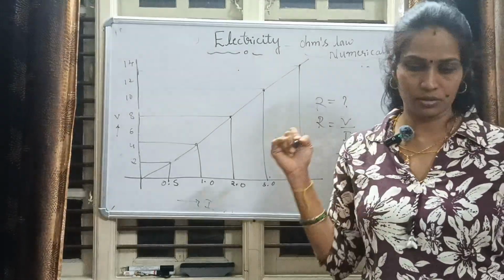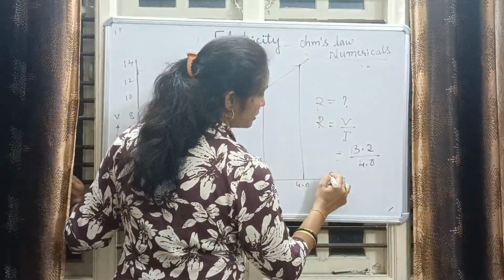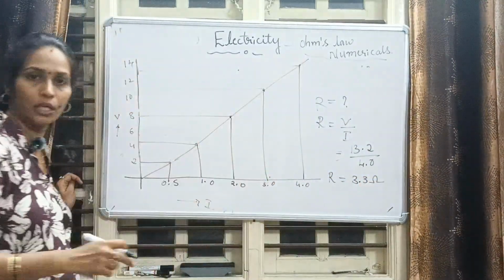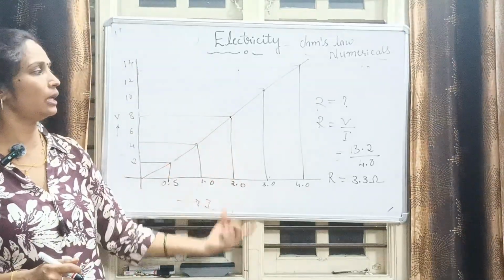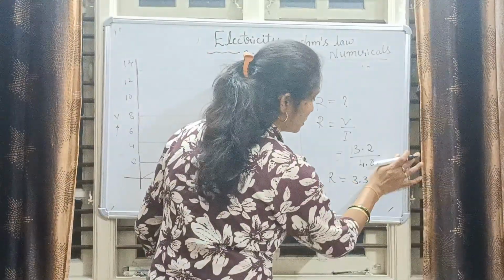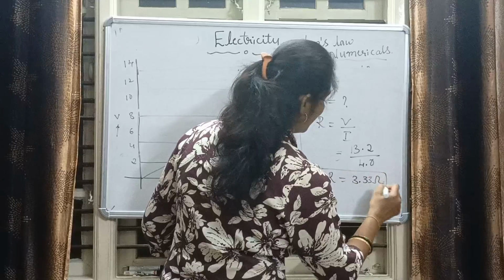How much will you get? Just tell me. R is equal to 3.3 ohms. Anyhow, it is a uniform graph and a straight line. For every V and I, you will get 3.33 ohms. Okay. Note down this.